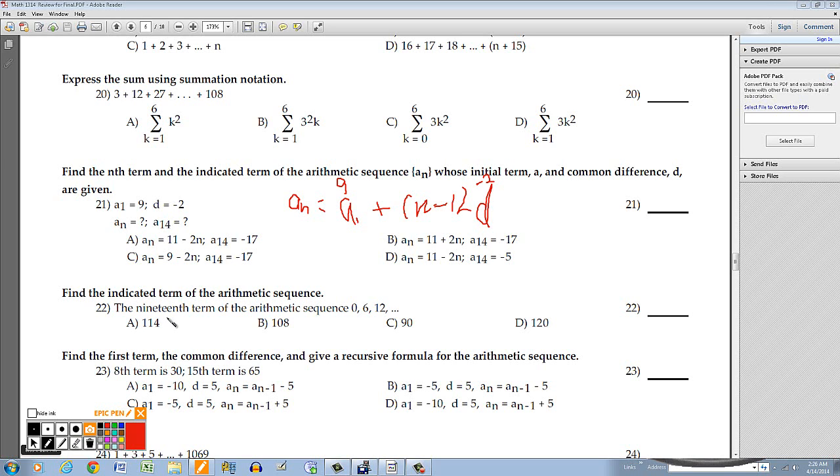Okay, number 22 says the 19th term of the arithmetic sequence. Okay, so we want the 19th term, and here's my formula. So the first term is 0.